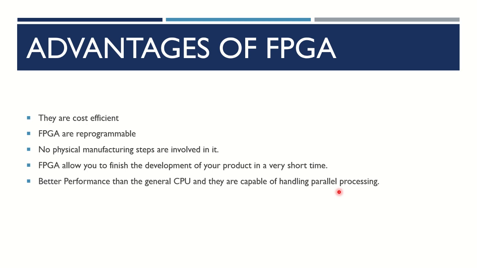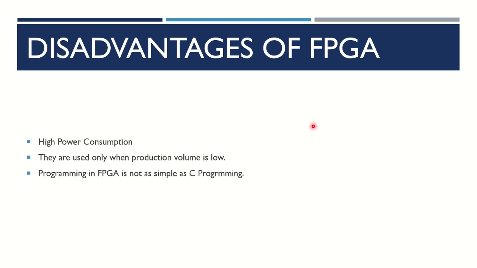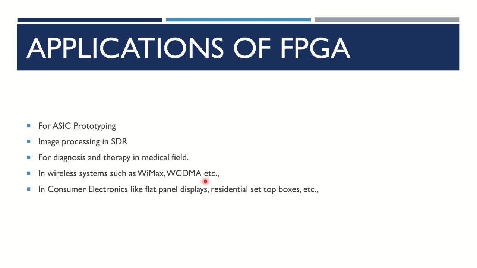They also have lower non-recurring engineering costs and can be used for more than one application. Disadvantages are high power consumption, they are used only when the production volume is low, and programming in FPGA is not as simple as C programming.